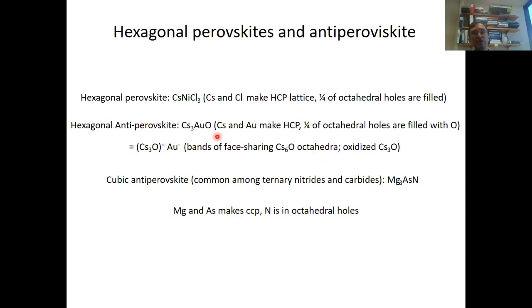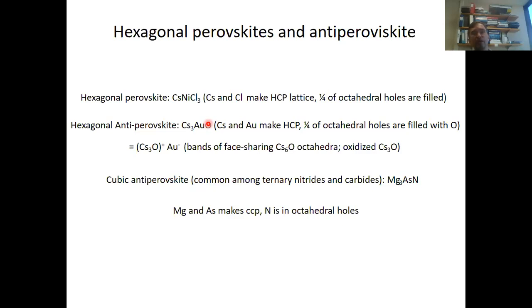This compound is actually an unusual compound in the sense that it's a suboxide with gold anions. I mentioned previously, I believe, that gold is the metal with the highest electronegativity, about 2.4, which is very similar to the electronegativity of many non-metals, for instance iodine or phosphorus.